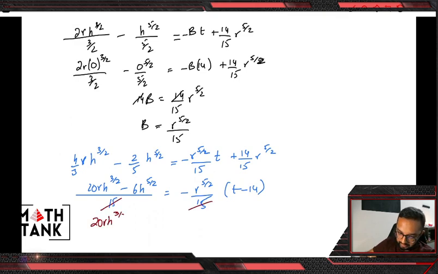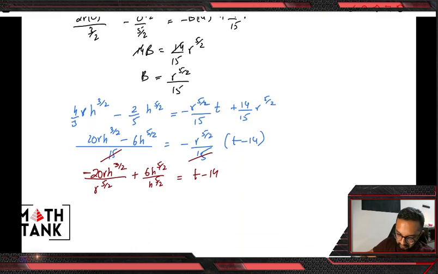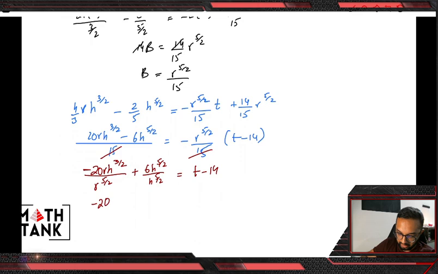And this gets divided. This is a minus, this becomes a plus. So I have 20, the powers for r get subtracted, r power 3 over 2 in the denominator and h power 3 over 2 in the numerator.